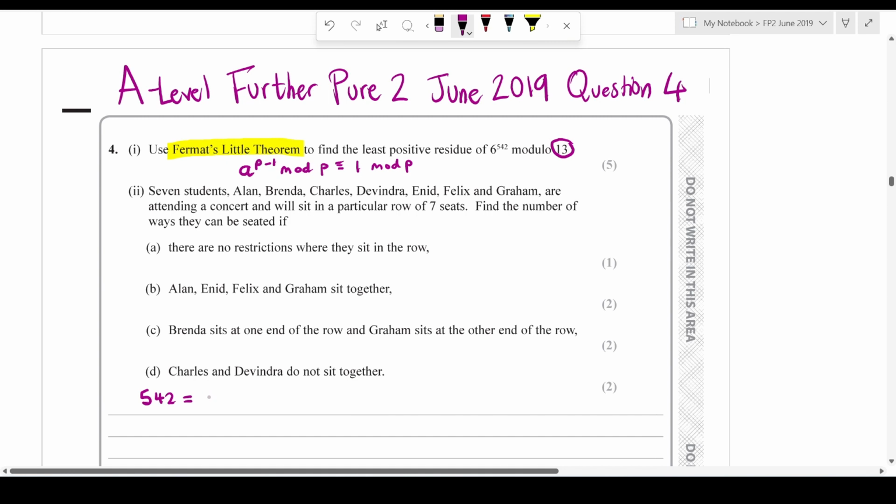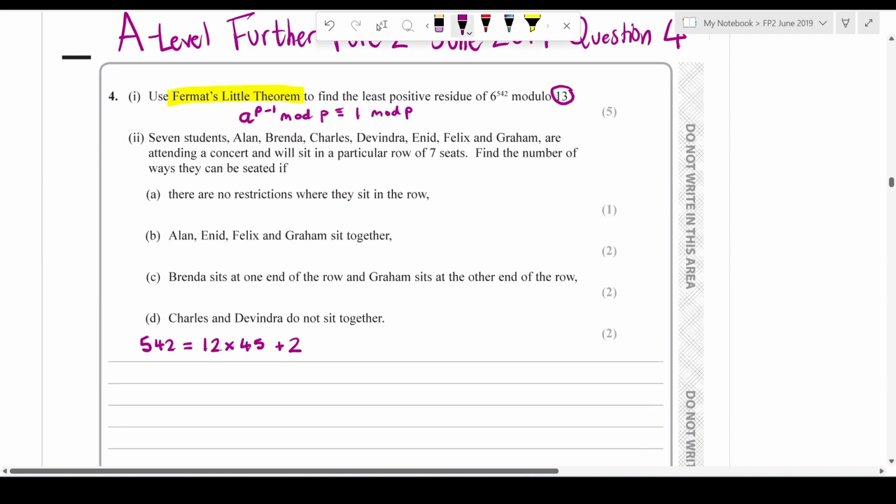So I want to write it ideally as 12 times something, so that's p minus 1. That's going to be 12 times 45 plus 2. You can do the Euclidean algorithm if you need to. Okay, so how does that help us?